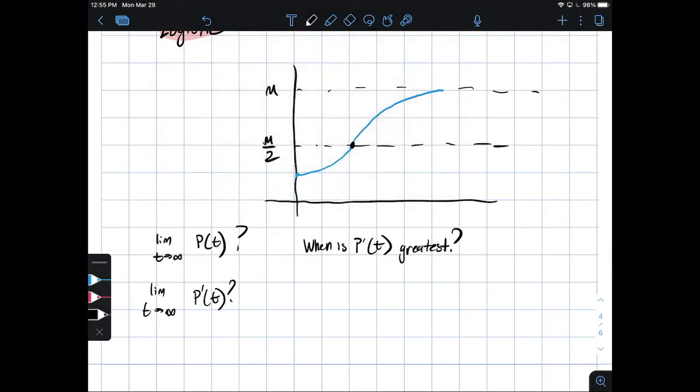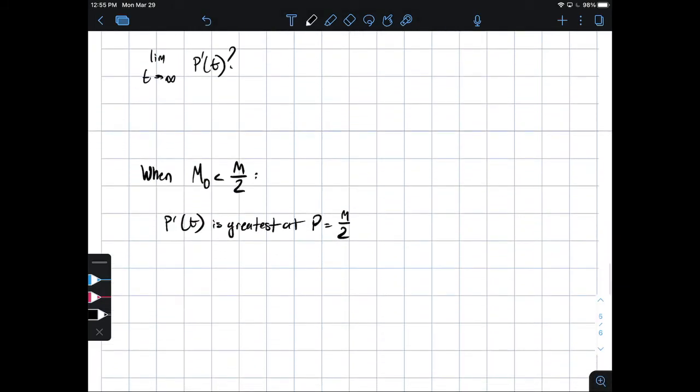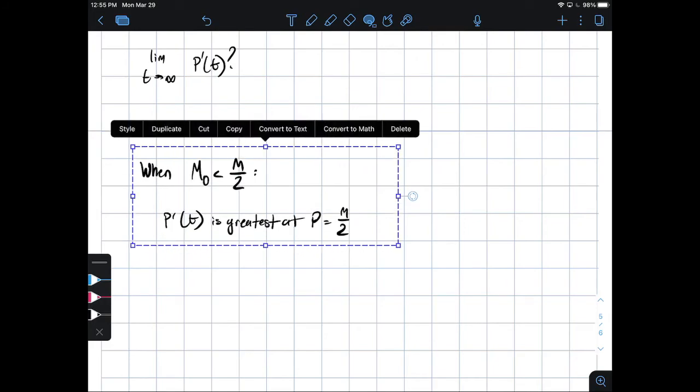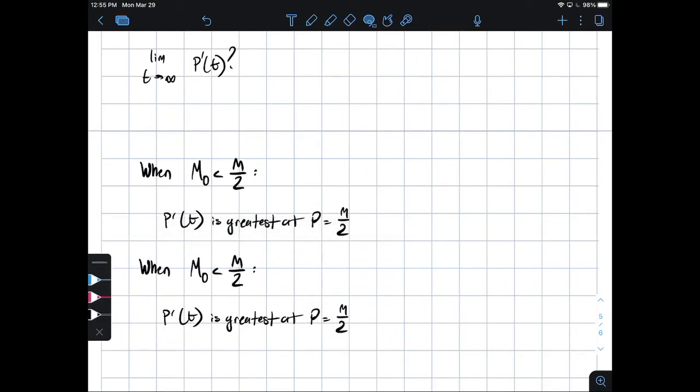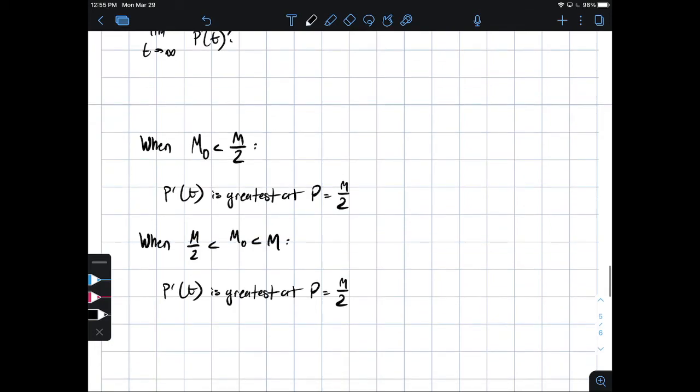Now let us talk about, I'm just going to copy this, I feel like that might be easier. Now it's when P sub 0 is greater than M over 2, but less than M. Then we have to say when is it greatest.